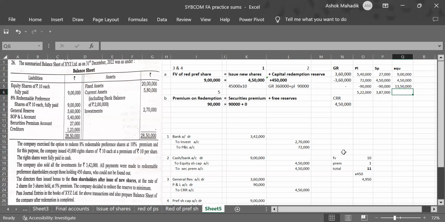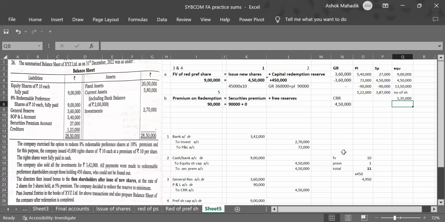So if we divide 13,50,000 by 10, we'll get the number of equity shares, which is 1,35,000 shares. Understood now how we got this? Share capital is 13,50,000 and one share is of 10 each.